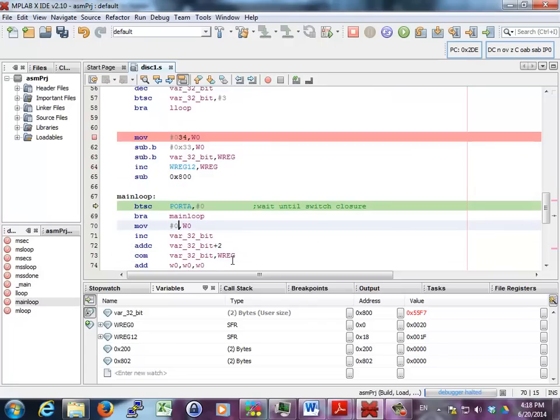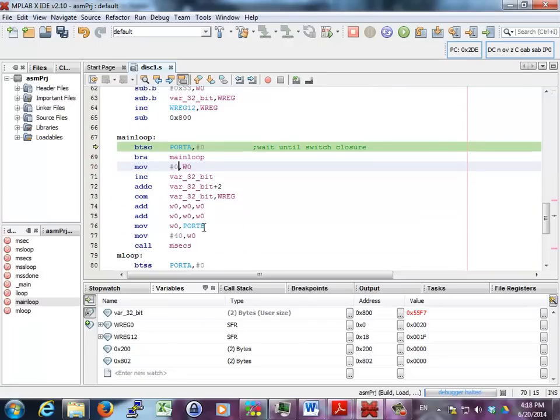And essentially what you do is you put 0 into W0, you increment var32-bit and add C var32-bit plus 2. So if you remember, this is exactly one of the two methods that we used to do increment on a 32-bit variable.